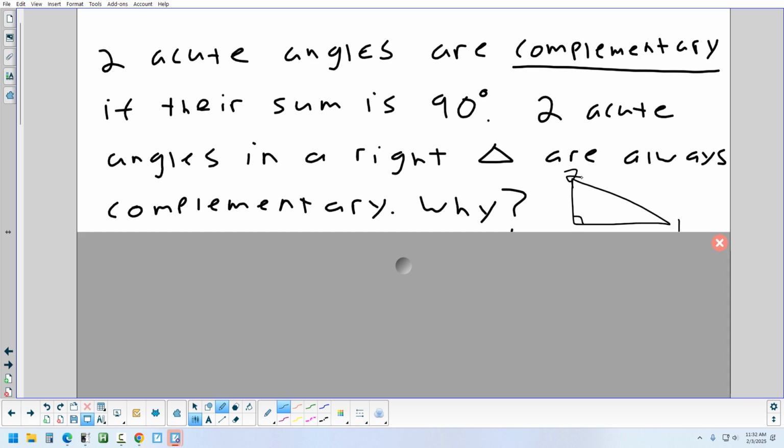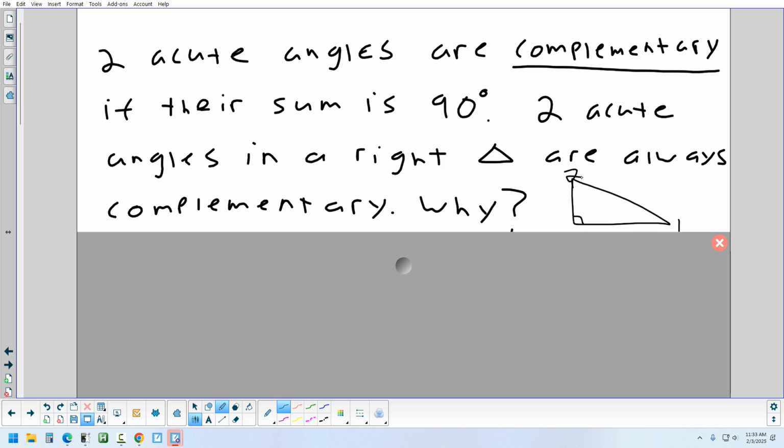Why are the two acute angles in a right triangle always complementary? What would happen if they weren't? Yep. Because the sum of all three angles has to add up to 180 degrees, and if one of them is 90, then the other two have to add up to 90. Perfect. The other two have to add up to 90 to be complementary.